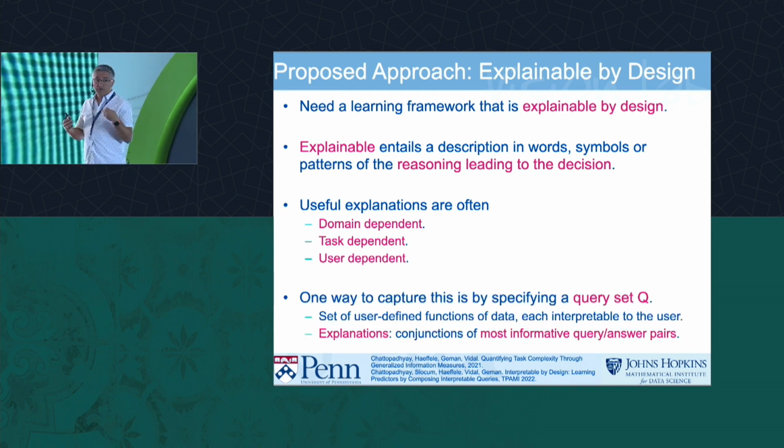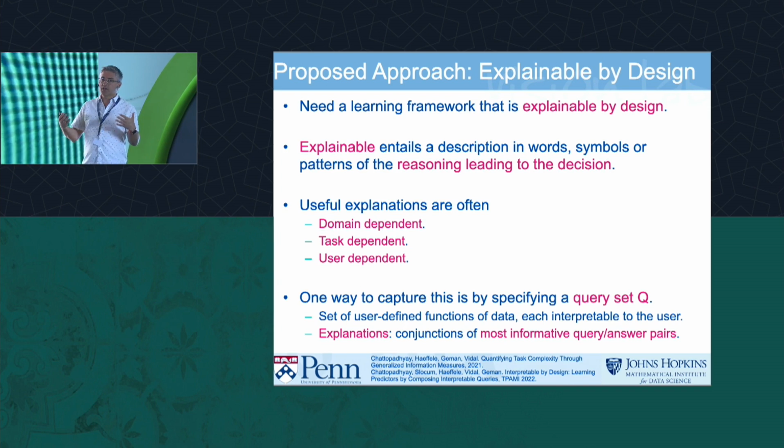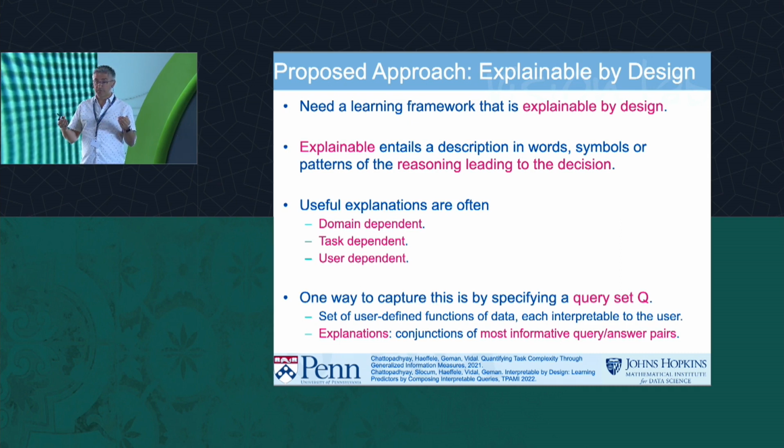One way to capture this idea of explaining things in terms of words and in a way that is task-dependent and user-dependent is by letting the user tell you what is a good explanation for him or her. And the user can do that by providing a potentially large number of questions about the predictions.